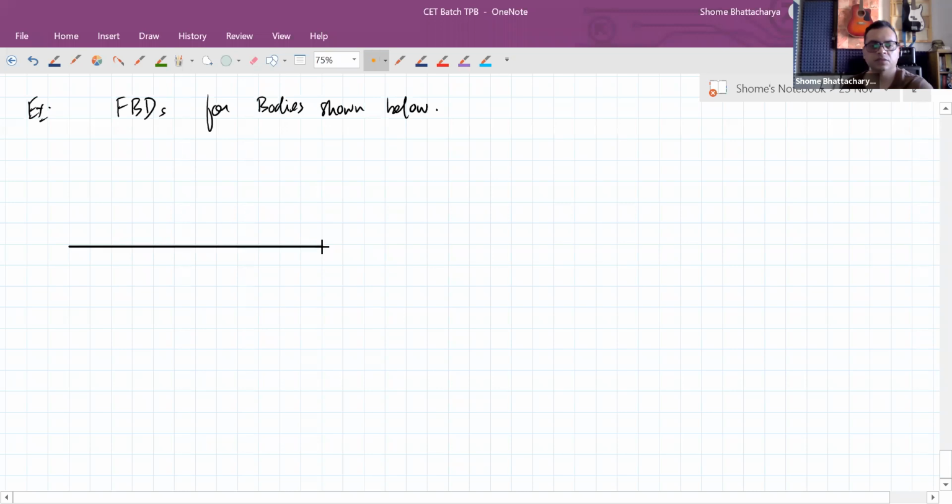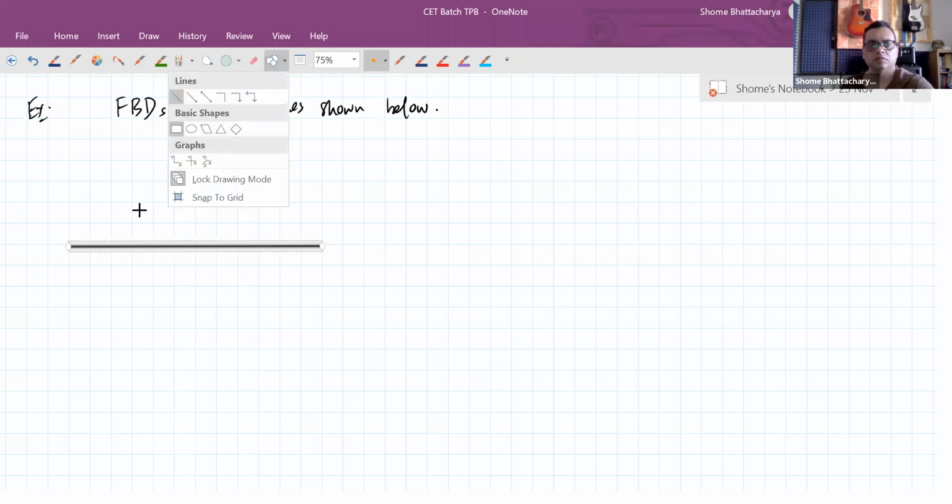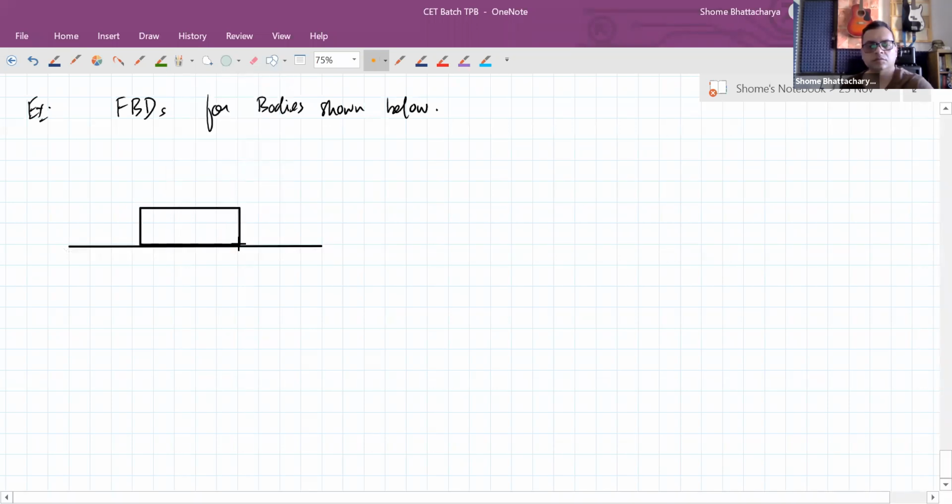The example that we just saw previously, this one. So, in this example, the free body diagram for the block A, that one will look like this.